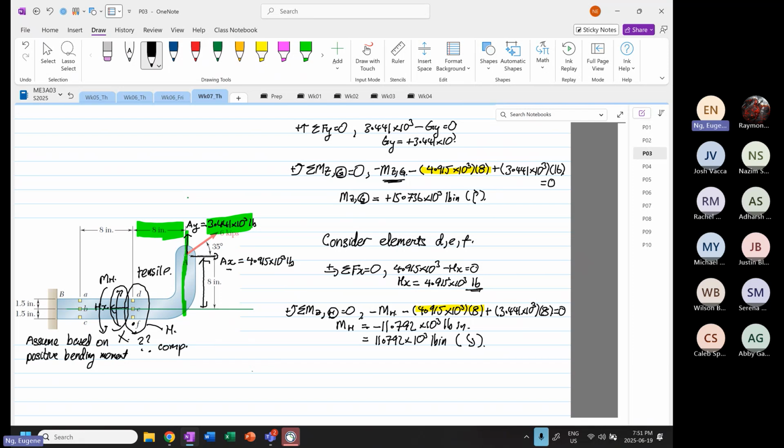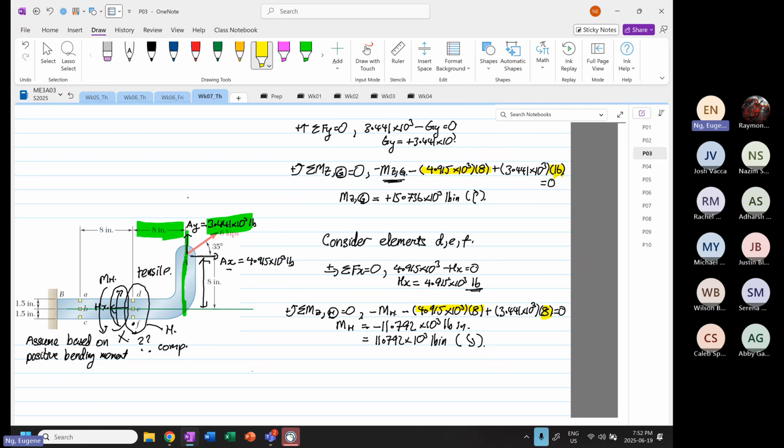Okay. Now, why the flip is because at position G, the previous position, we have 16. Now the 3.441 times 10 to the power 3 is only 8. So minus 4.915 multiplied by 3 times 8 plus by 3.441 power 3 times 8, you have a minus 11.792 times 10 to the power 3.